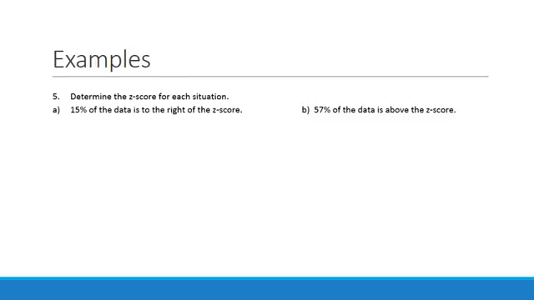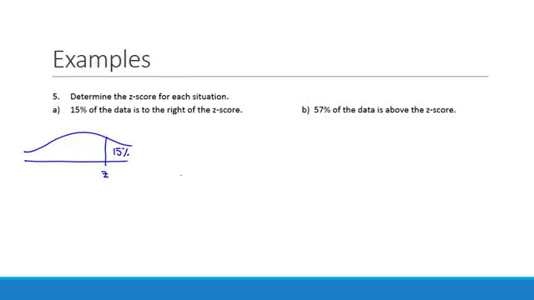Now, this one says 15% of the data is to the right of the z-score. Okay, we know that 15% of the data is to the right of the z-score. And the other thing about this is they didn't tell me the mean, they didn't tell me the standard deviation, so I can't use my formula for this question. So if I know that 15% of the data is to the right, and I'm going to draw that, so on the right side would be 15%.